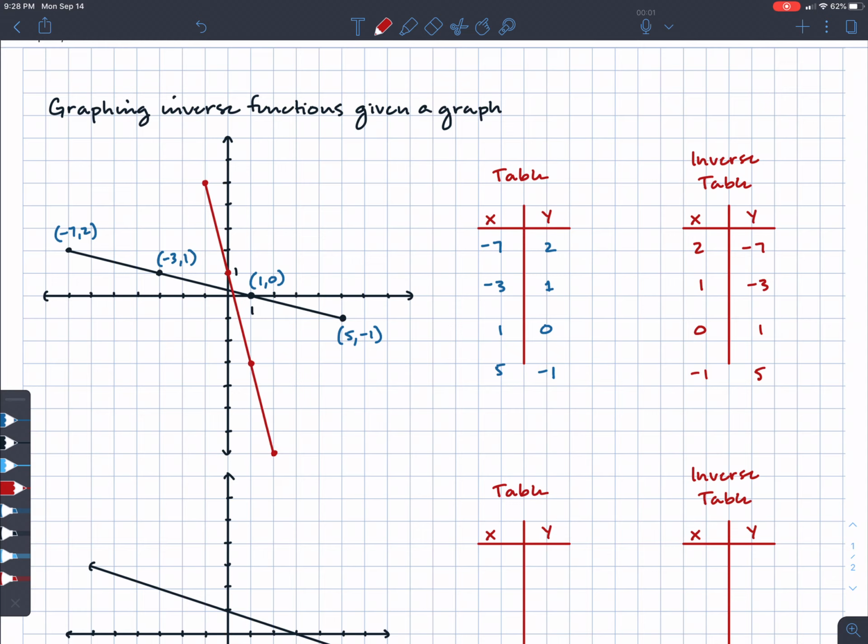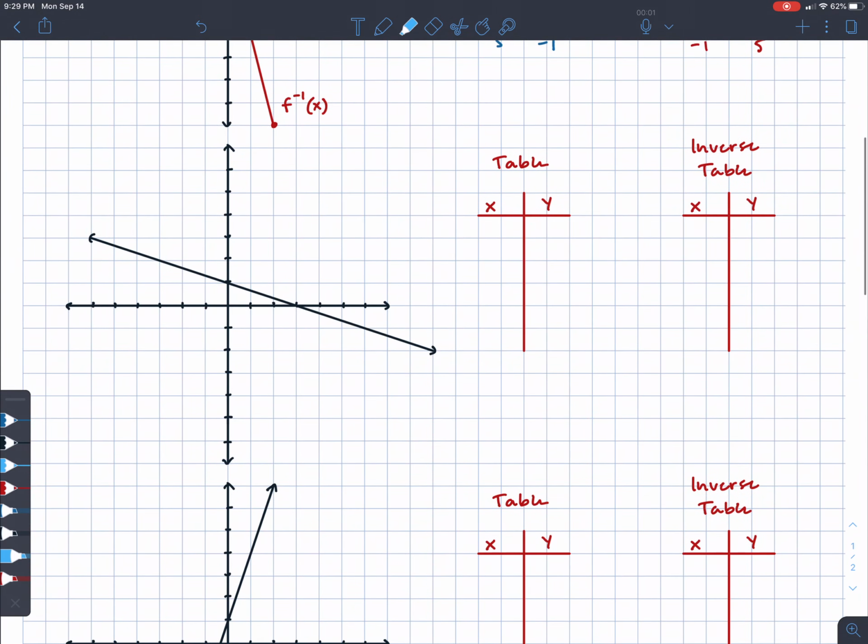So here is f inverse of x, all right? And my first graph is the function f of x. So if I'm trying to recognize the inverse graph, what I can do is make a table of the original, then I can make a table of the inverse function, and then I can plot those points. Let's do this 2 more times for us.